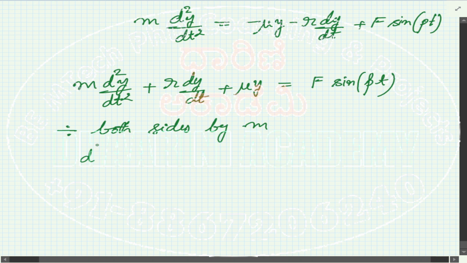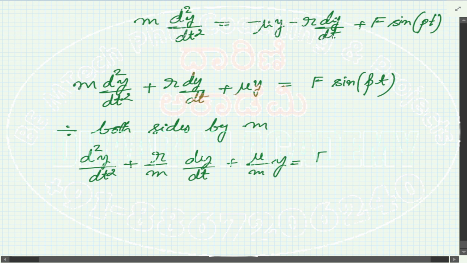You simply have d square y by dt square plus r by m into dy by dt plus mu by m into y equals F by m into sine pt.